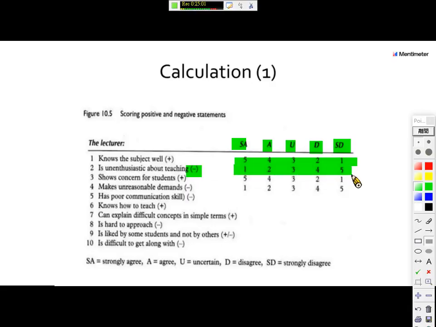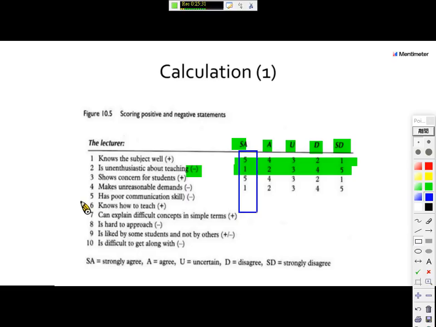We change the number. So when you code, you need to know this. Don't assign them all 5 for this one. If you assign them all 5, then your analysis will be very misleading. Okay, be careful with this one. So you need to change the number. Okay, agree? So this is something you need to know.